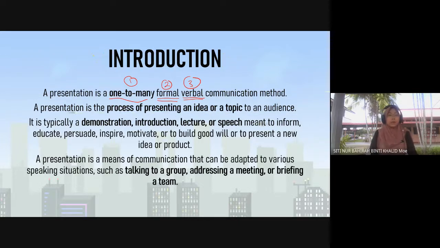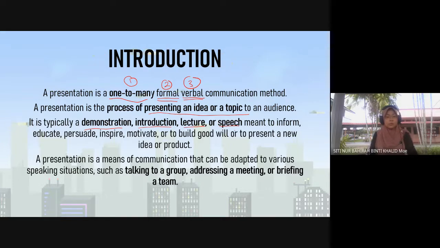Okay. So next, it is also the process of presenting an idea or a topic to an audience. Like I just said just now, you're presenting an idea or a topic, and it usually includes demonstration, introduction, lecture, or speech.